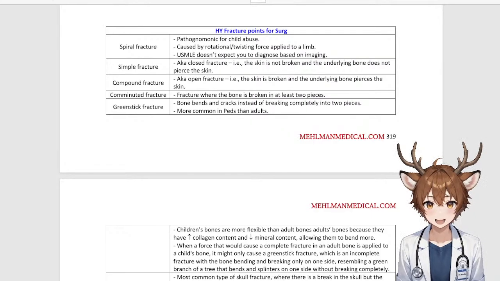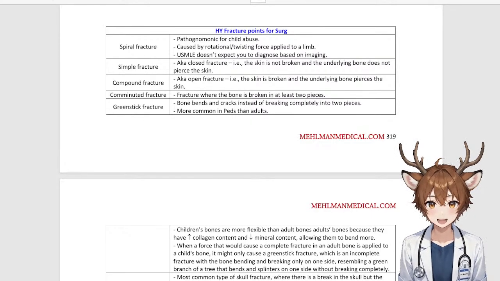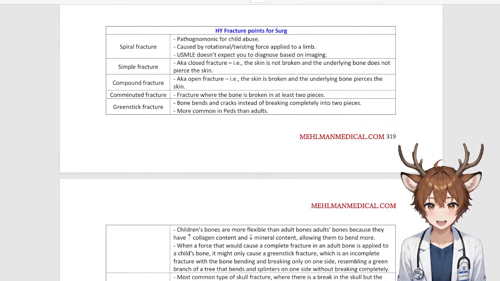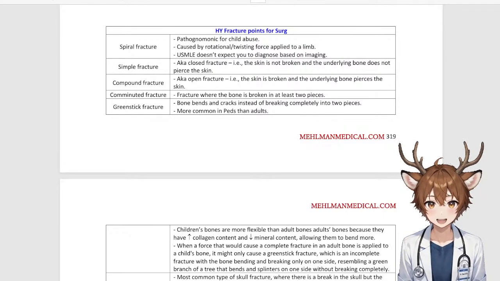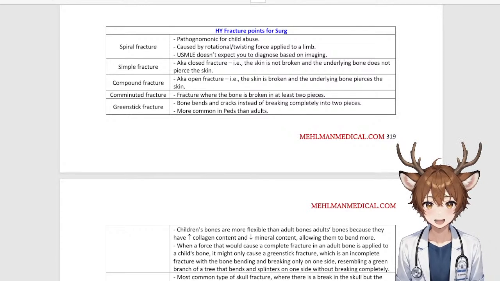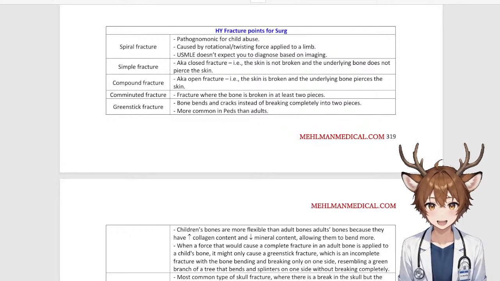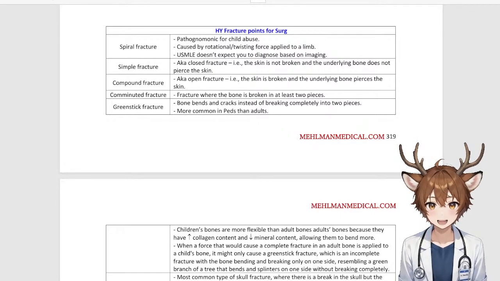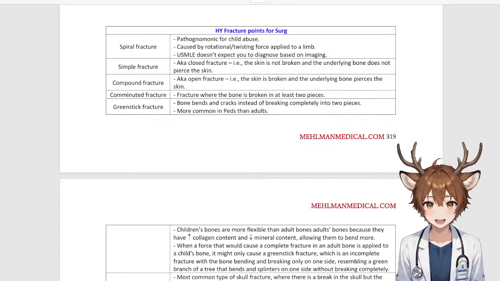And maybe it cracks or breaks a little bit partially, but it doesn't really want to crack like you would with a dry old stick. It wants to bend and be flexible. Apparently, the same principle applies to children's bones as well. If a child's bone is put in a position where it would potentially break, it might just partially break, but not completely like it would with an adult.